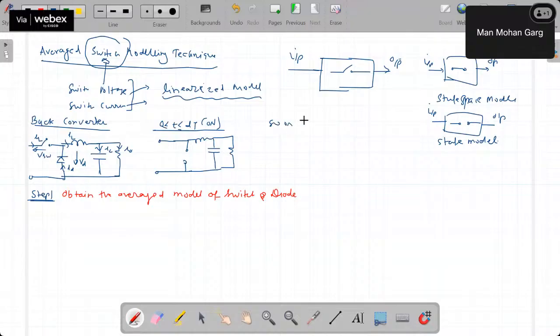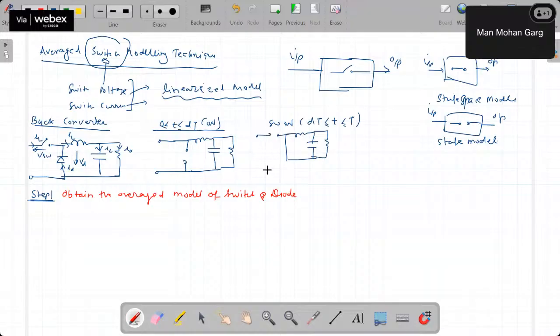When the switch is off, for DT to T period, then our converter model is like this.